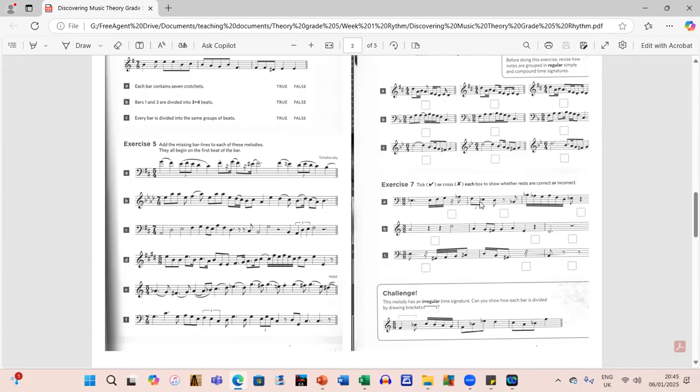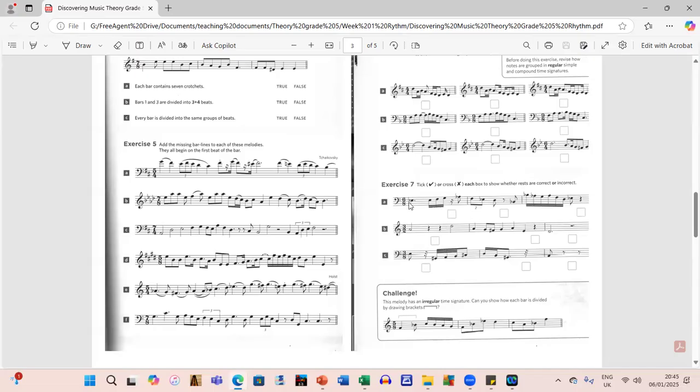These two notes will last the same value as three compound quavers, because each beat is worth three.